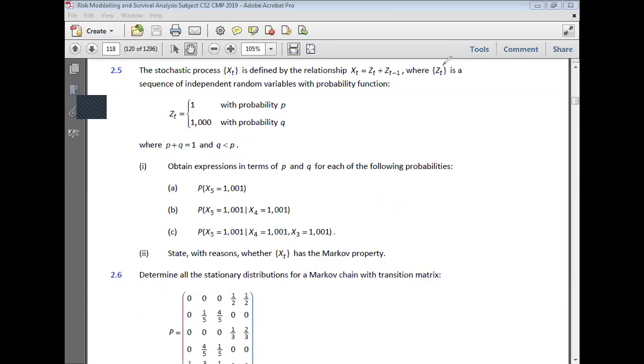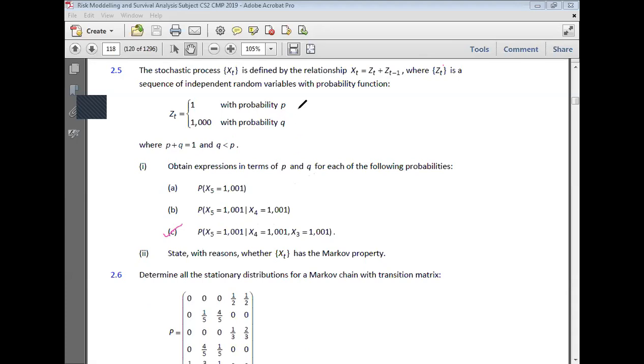Okay. So we can do the C part similarly, I guess. Okay, so this is kind of interesting. We have two things in the conditionality now. So again, I'm just going to use my Bayesian theorem here.